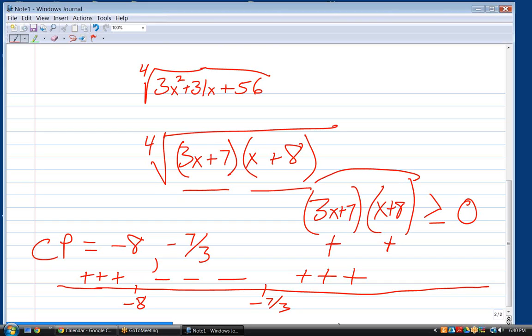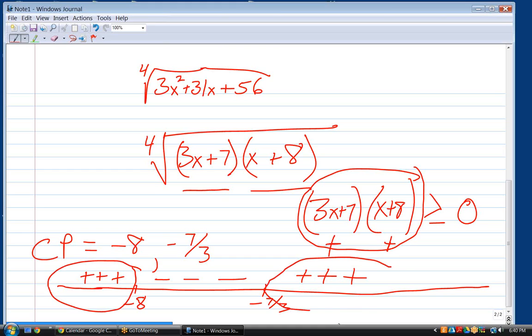Since this product has to be positive, there are our solutions. In other words, x has to be less than or equal to negative 8, or x has to be greater than or equal to minus 7/3.